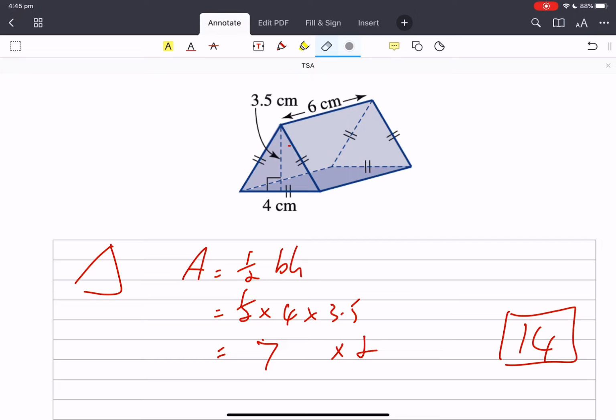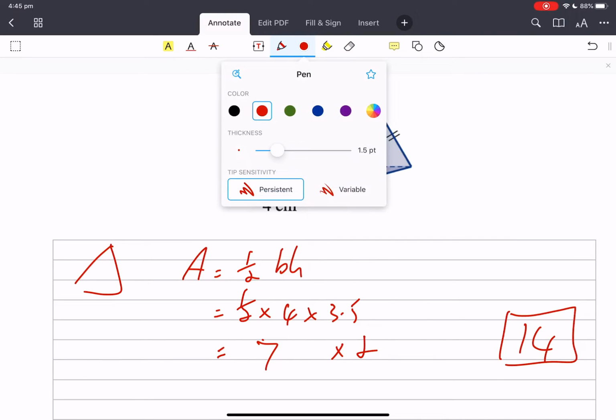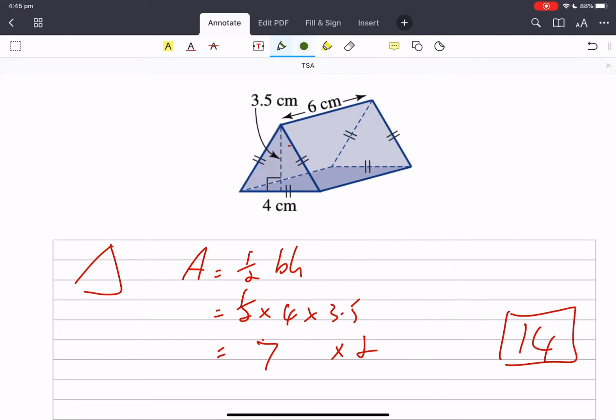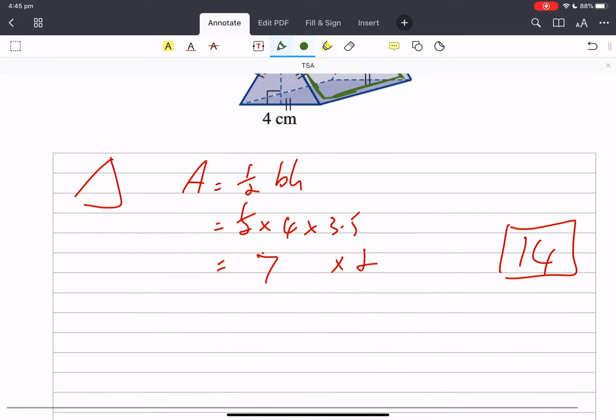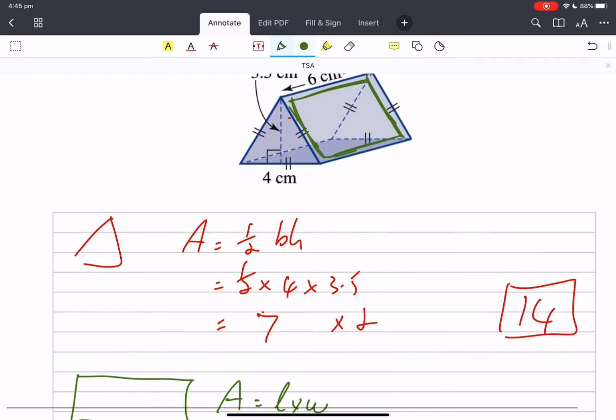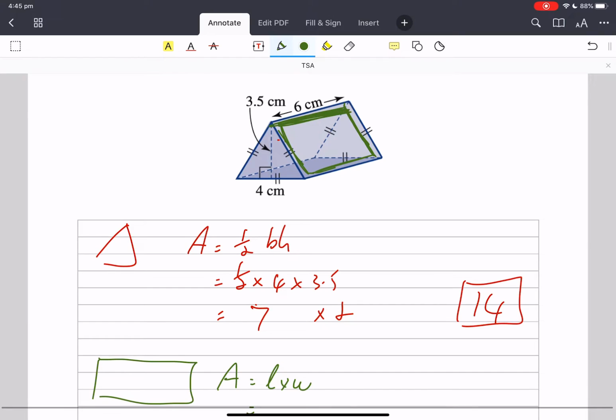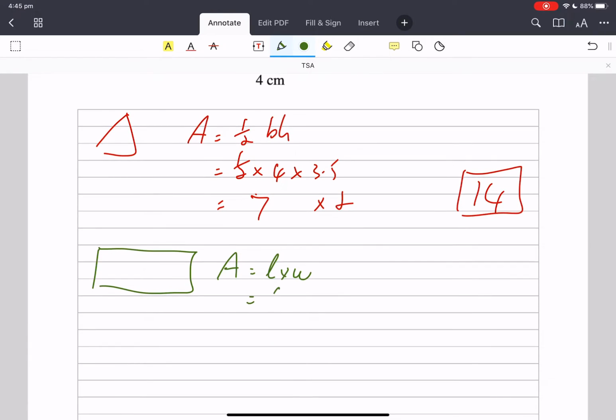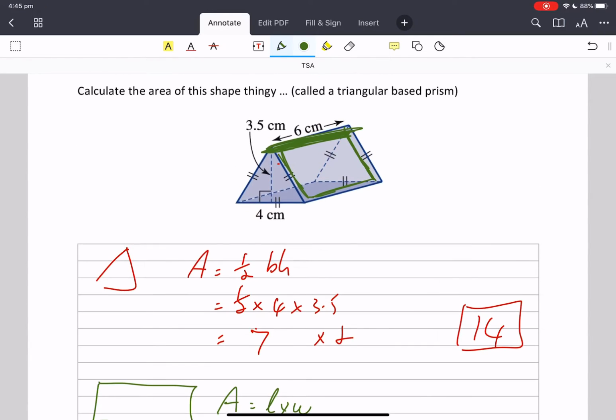What colour will we go with? Green. Can you see that there's a rectangle right there? Let's do it. A green rectangle area. The length is going to be 6 times the width.